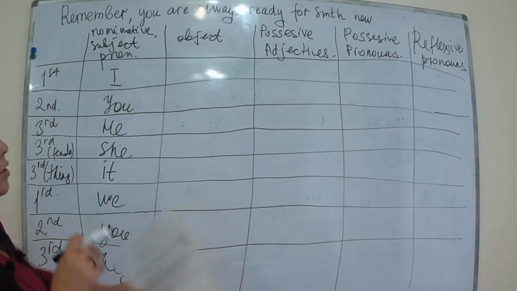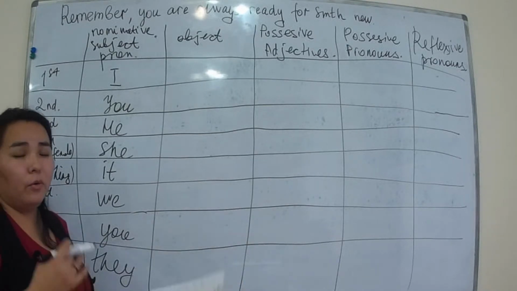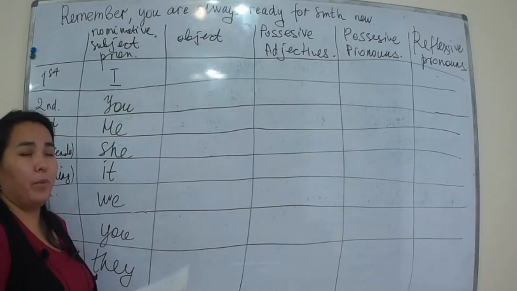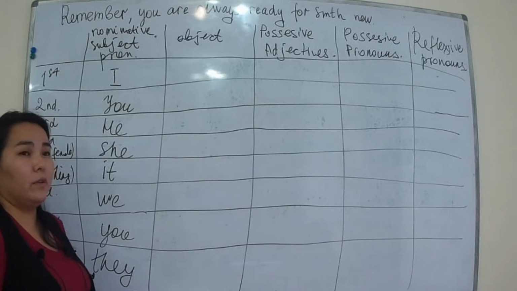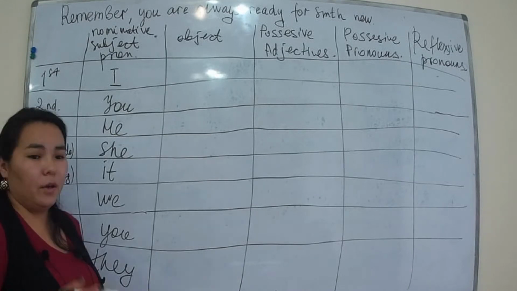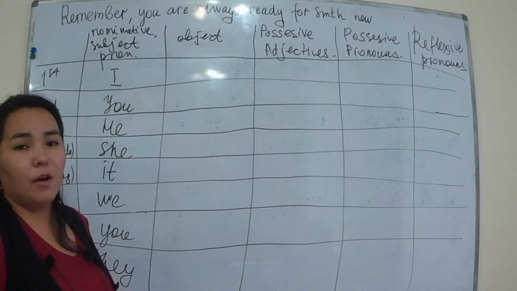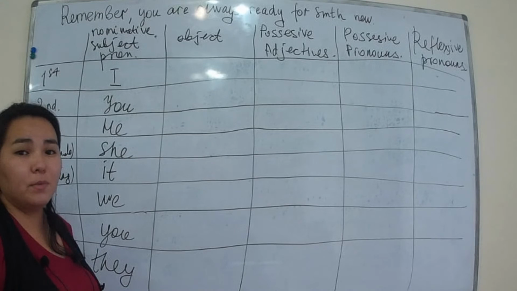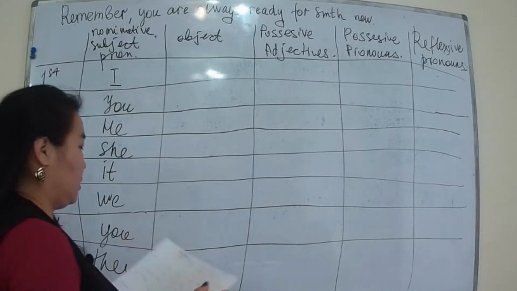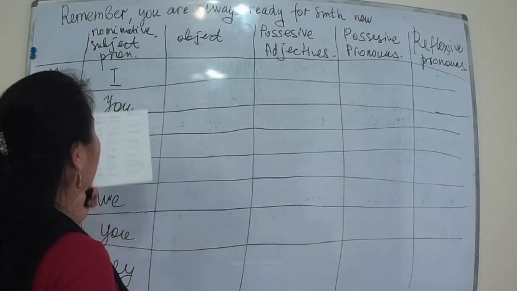You can just learn by heart or rewrite or just practice with using these pronouns in your speech. Then after practicing for 5 or more than 10 times, you will learn it by heart. So how is it changed?